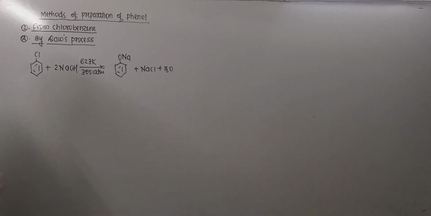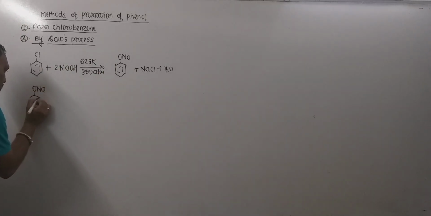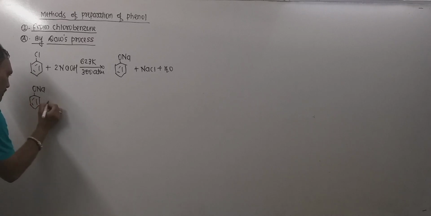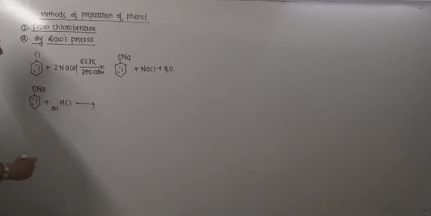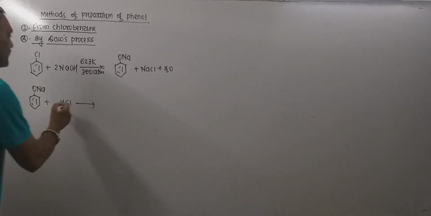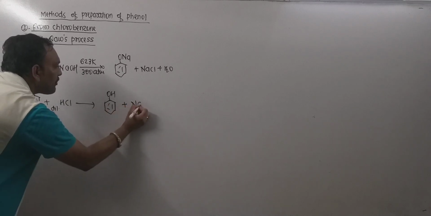We need to acidify this sodium phenoxide by using a dilute acid like HCl, and on acidification we receive phenol as a product with the departure of NaCl. Thus phenol can be prepared by using the DOW process.